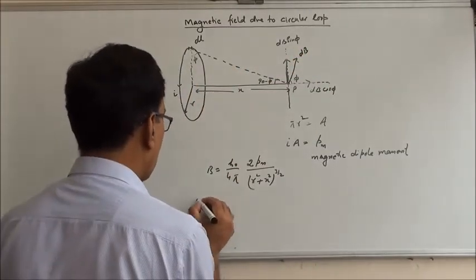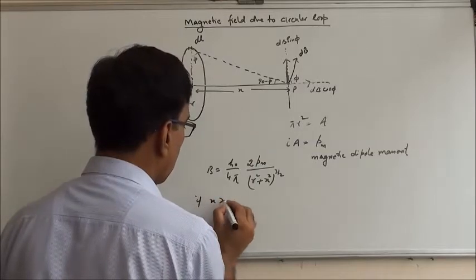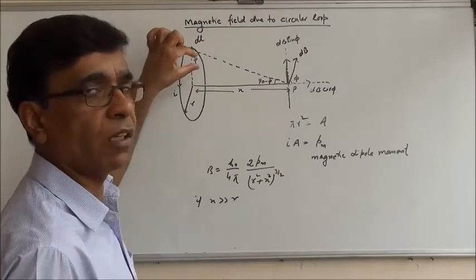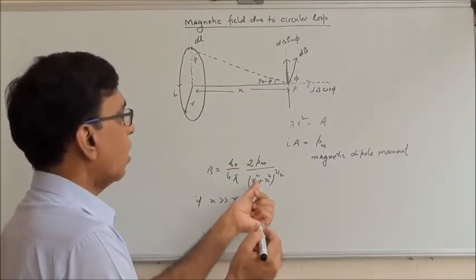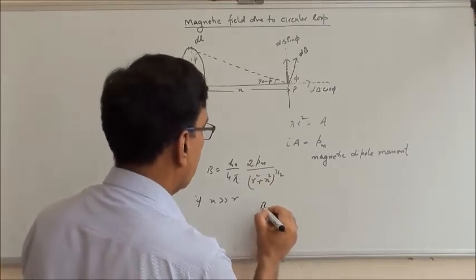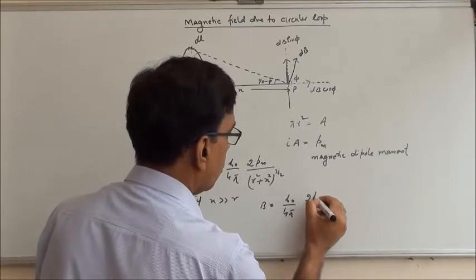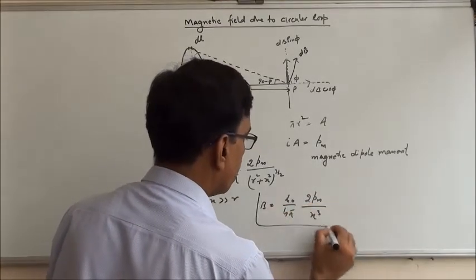We can have again one approximation. If x is much larger than r, this distance is very large, such that the loop appears just like a point. So you can remove r in that case, and what it becomes is mu naught by 4 pi, 2m by x cube.